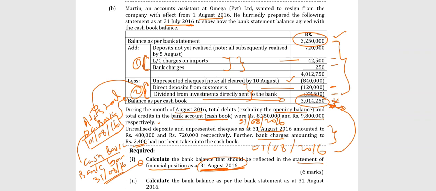You need to take the bank charges. Okay, these unrealized deposits and unpresented checks are not relevant for the cash book balance, but however this will be relevant to find out the bank balance to prepare the reconciliation. Okay, the second part, in fact, you need to calculate the bank balance as per bank statement. For that, those information are relevant.